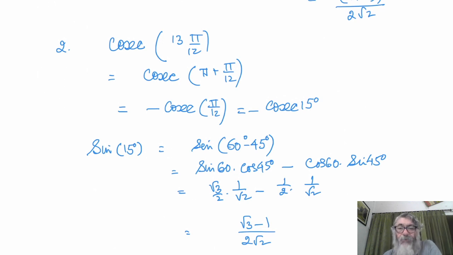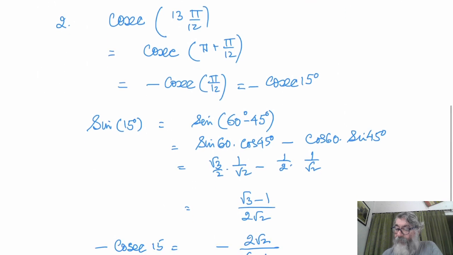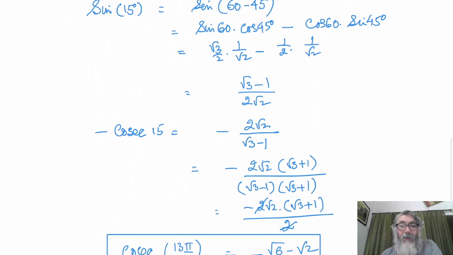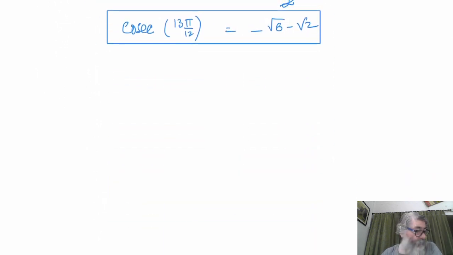Cosec 15 we don't know, so we calculate sine 15 and reverse that value. Sine 15 we had done in the first question in terms of 60 and 45, so we got root 3 minus 1 upon 2 root 2. We reversed it with a negative sign because we want minus cosec 15, and by rationalizing the denominator we got this value. Okay, let us see what is next.